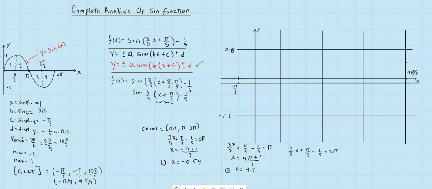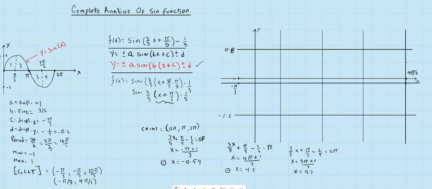So this will be 10 pi minus pi will be 9 pi plus 1 over 3. So x is equal to 9 pi plus 1 over 3, so my x is equal to 9.7.